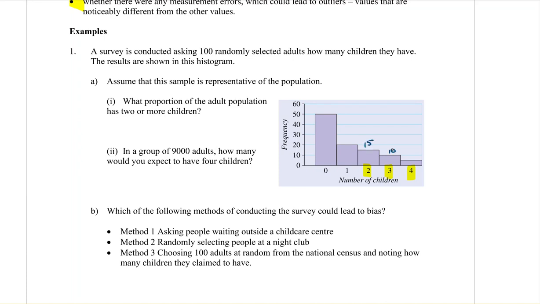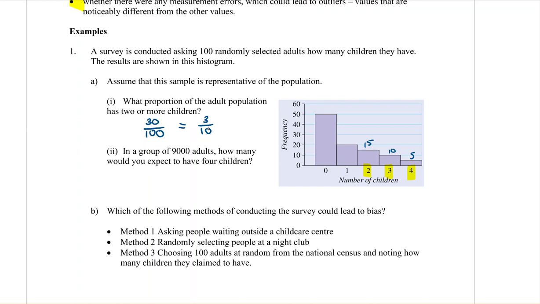There are 10 who have 3, and there are 5 who have 4. So altogether, that's 30 people that have 2 or more children out of the 100 people that were surveyed. So remember, proportion means I want a fractional answer here. So 30 out of 100 people, which you can simplify to be 3 out of 10.